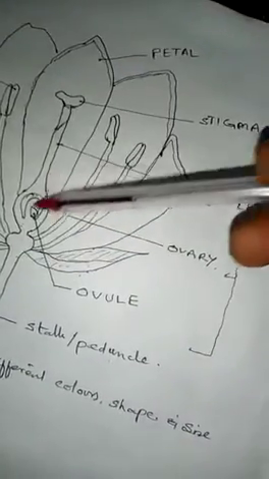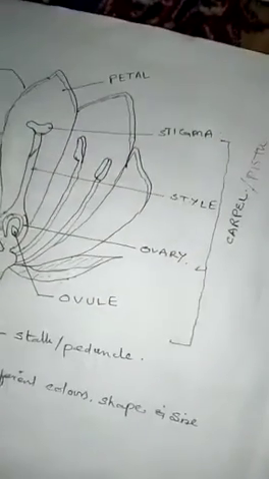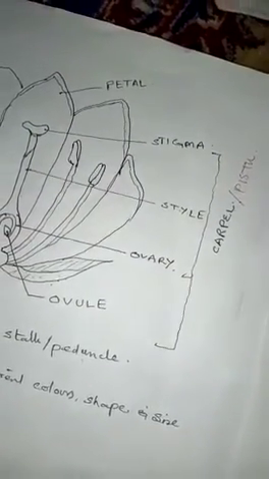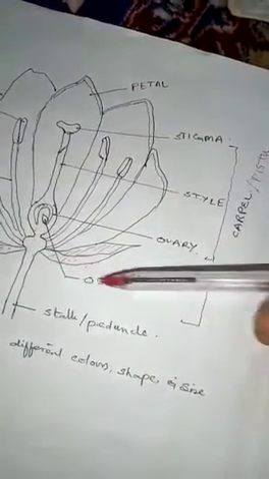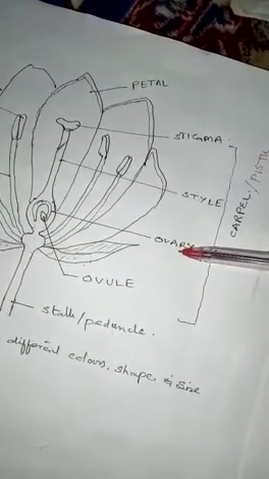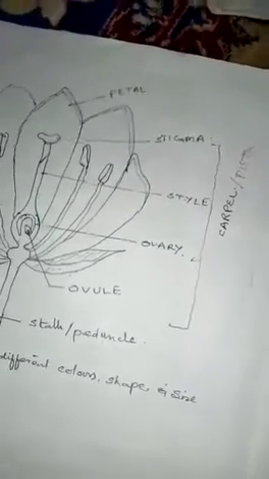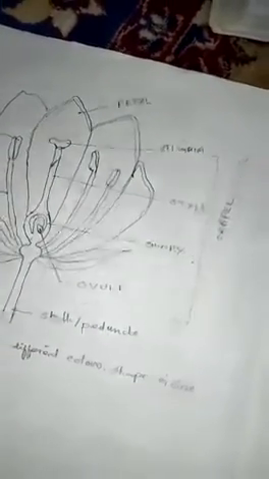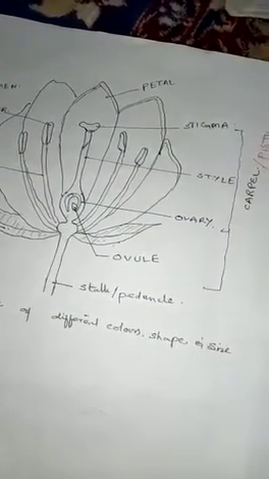This is called the pistil or carpel. It consists of four parts: ovule, ovary, style, and stigma. These four different parts together, called the pistil or carpel, represent the female reproductive part of the flower.